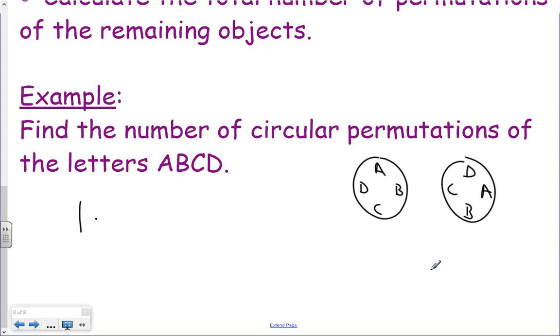There's 3 objects to pick from, so there's 3 factorial ways to arrange those other objects. So we fix the first one, and we arrange the rest. All right, and that's what you'll see when you get to those problems. At the end of the assignment, they'll give you some circular permutations as well as some repeated permutations. All right, that right there is the end of section 14.4.